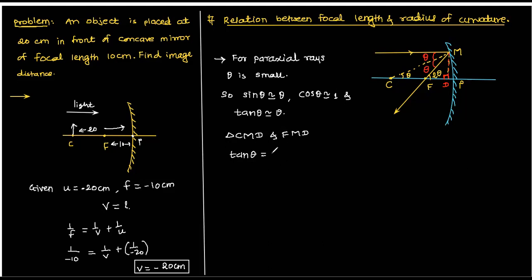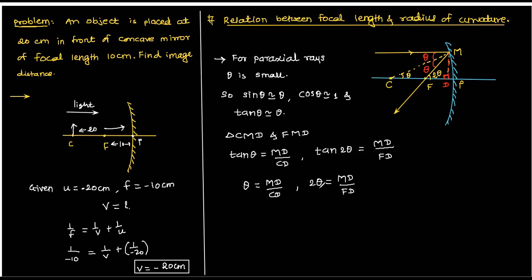And from triangle FMD, tan 2 theta is equal to MD by FD. Now you know tan theta is equal to theta, and therefore I can write theta is equal to MD by CD, and 2 theta is equal to MD by FD.